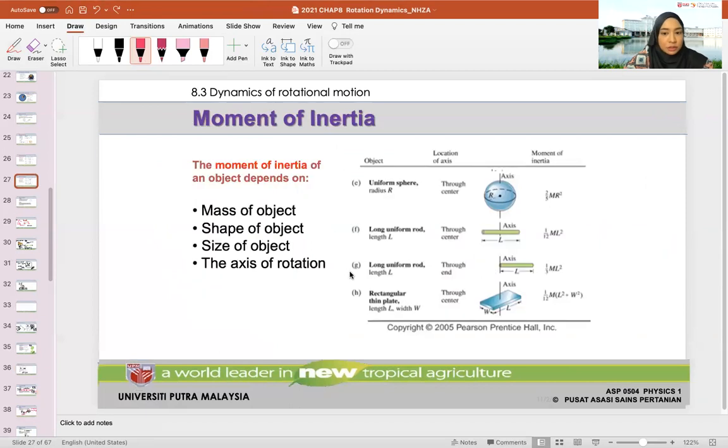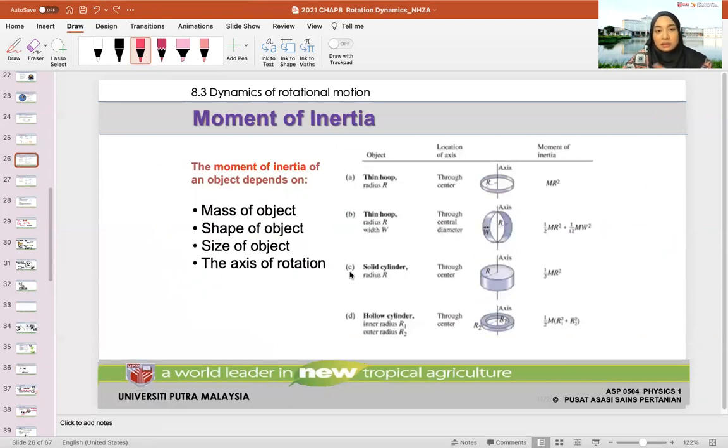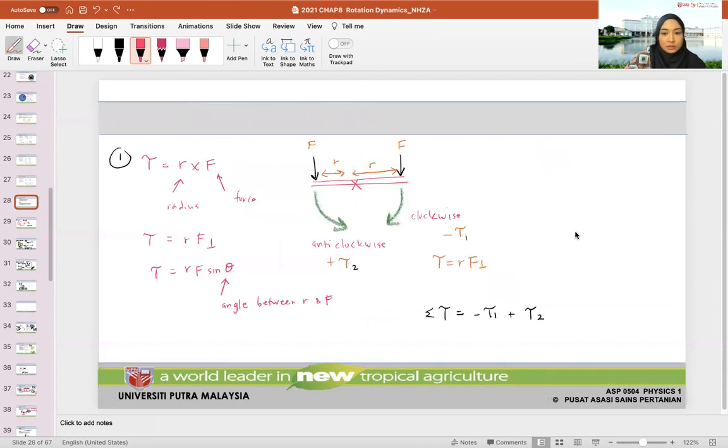Let's refer to our table. So it is a merry-go-round. It's a solid disc, solid cylindrical disc. It kind of looks like this, just a bit thinner. So this is a solid cylinder of radius r. The axis of rotation is through the center. It kind of looks like our merry-go-round, so we can use 1/2 mr squared. So let's use that.